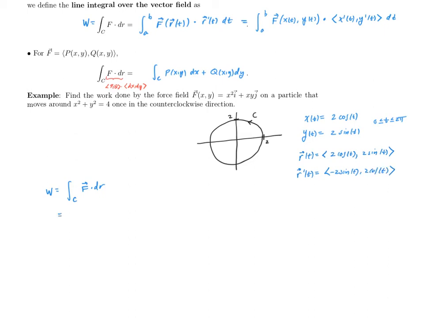And using our work above, we need to take the definite integral over how the parameter value varies, 0 to 2 pi, and what we are going to integrate is f of r of t. So each x is going to become a 2 cosine t, each y is going to become a 2 sine t. Dot it with r prime of t dt.